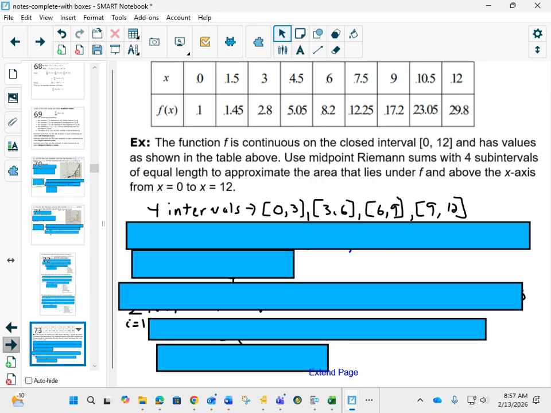Does that make sense, that if your distance was 12 and you divided by 4, your change of x would have to be 3? So each of those intervals of equal length would go from 0 to 3. The midpoints of each of these are 1.5, 4.5, 7.5, and 10.5.